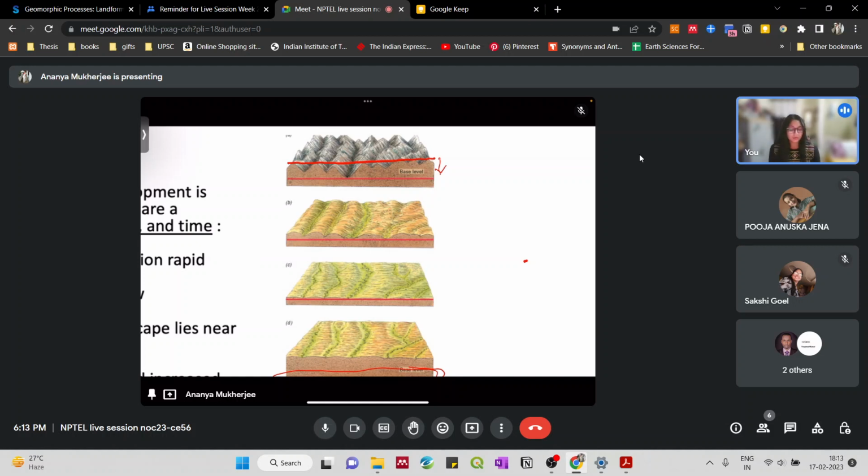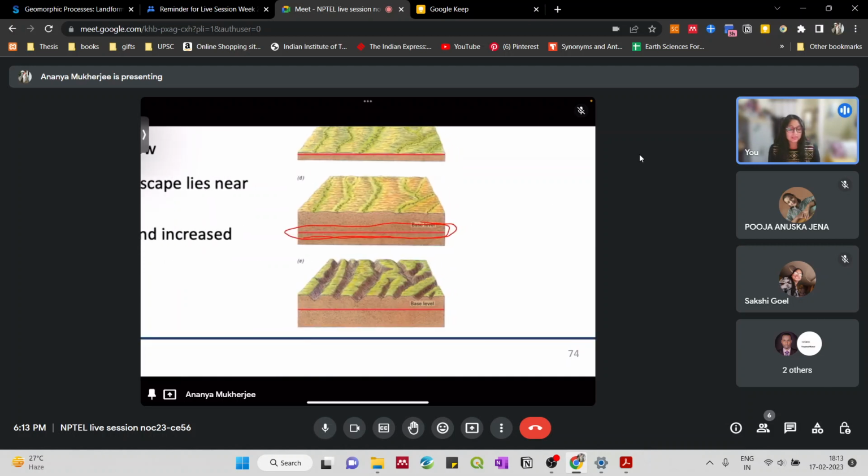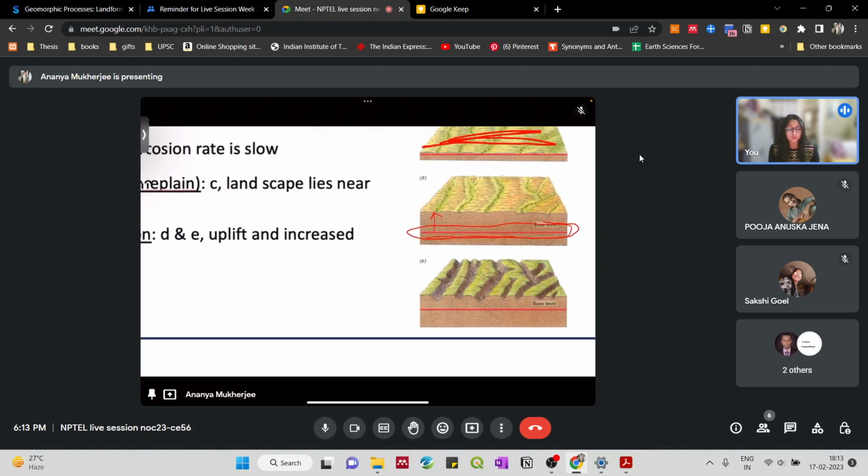Okay, so with increasing stage, the elevation or the topography is going to come towards the base level of that area. Then you can see that suddenly, maybe due to some tectonic process, there is an uplift over here. The plain area that you could see here has taken up an elevated state. Or you can see over here that there has been increased erosion.